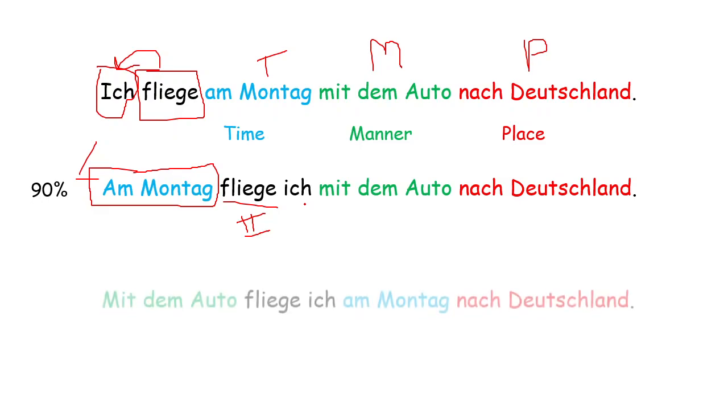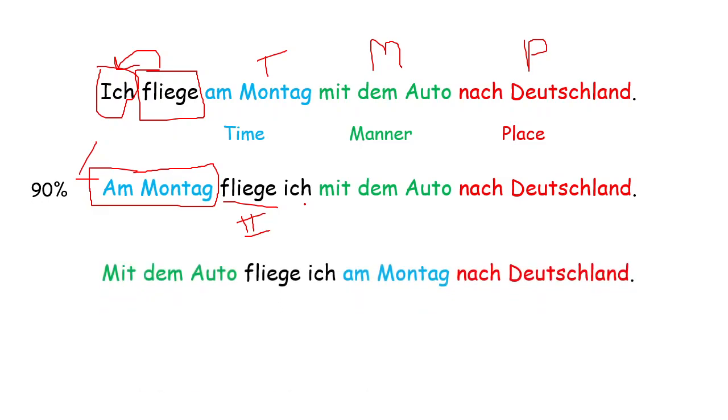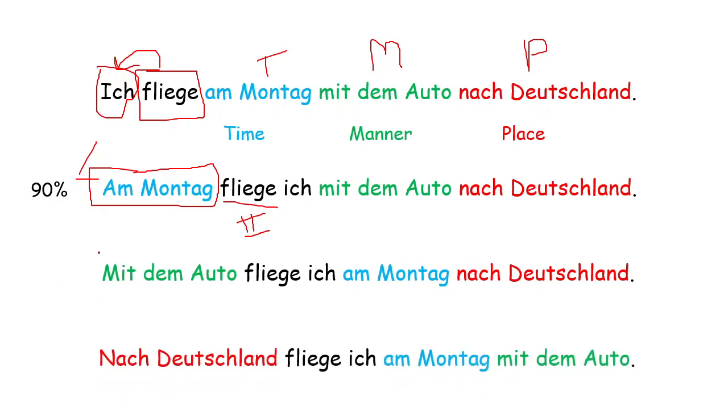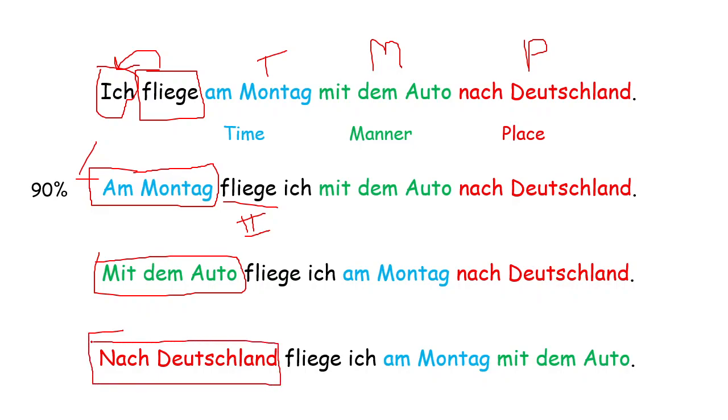In a few cases, where we emphasize manners or a place, we can place manners at the first position, as well as the place at the first position. But in all cases the verb is always at second position. So when we want to emphasize something like manners and place, we can put that in first position, then verb, then subject.